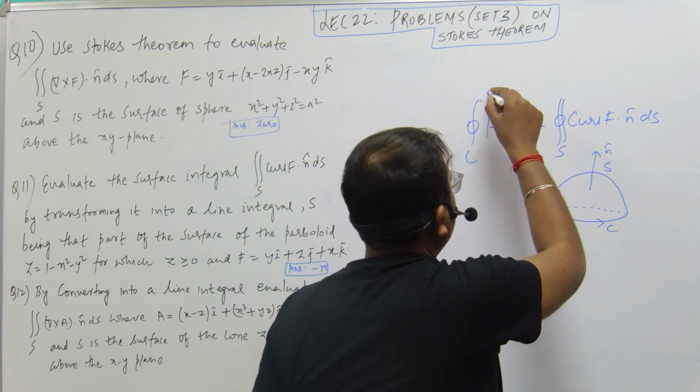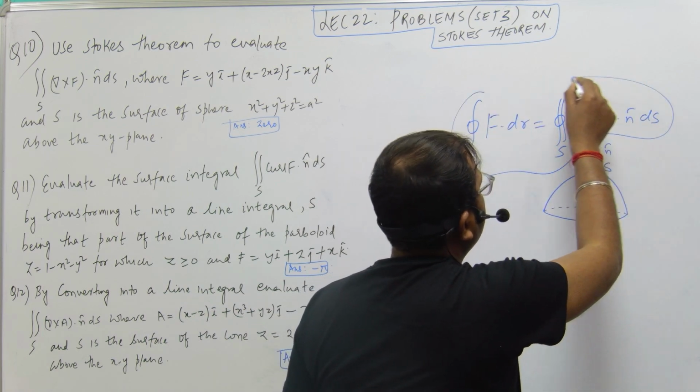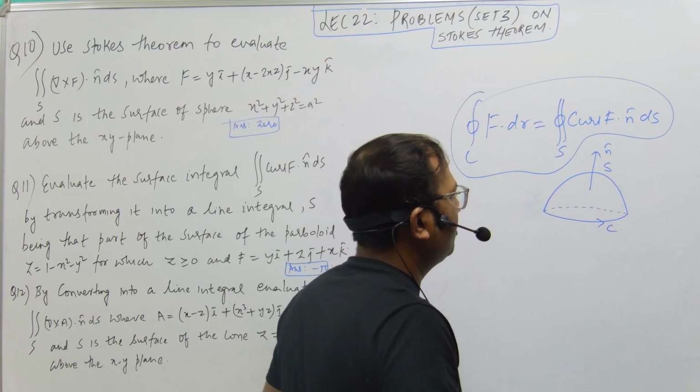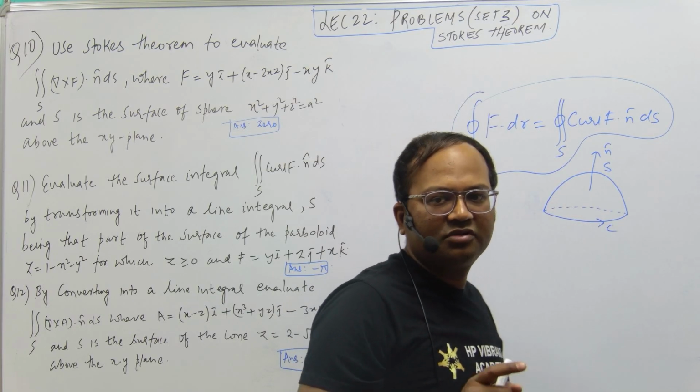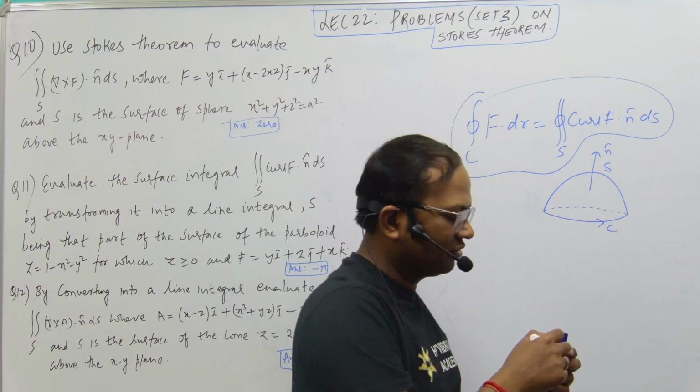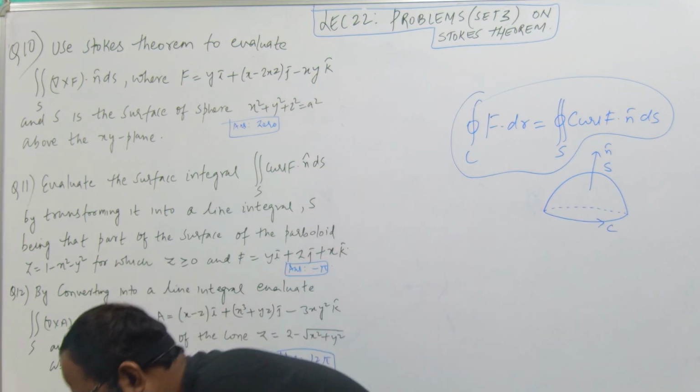Stokes theorem gives a relation between the line integral and the surface integral provided the surface is hollow, like an open section. It is not applied on a closed surface, but the Gauss divergence theorem is applied on a closed surface. Let us understand this from this particular shape.